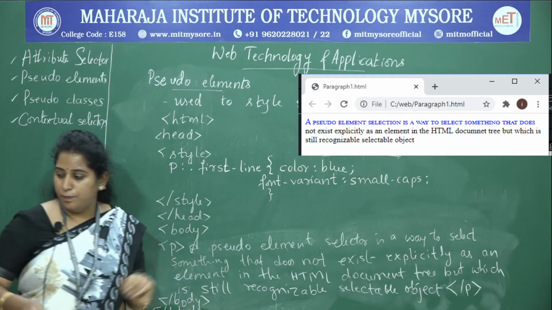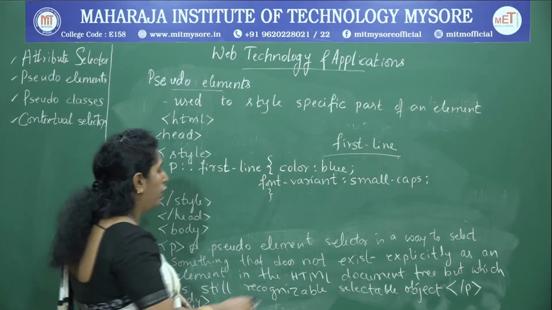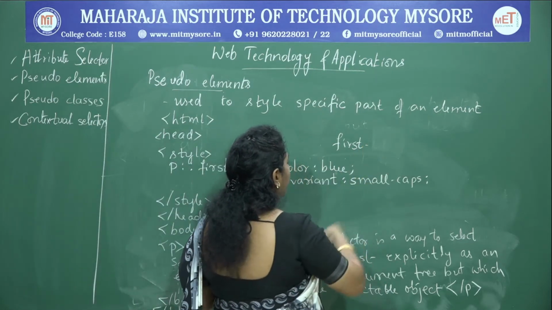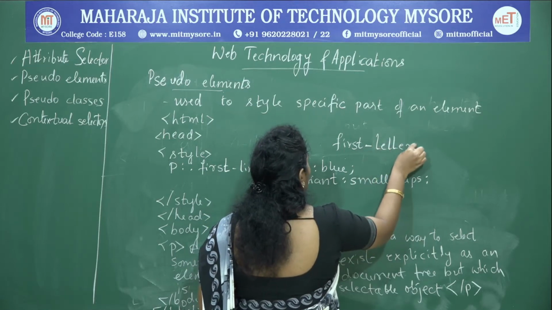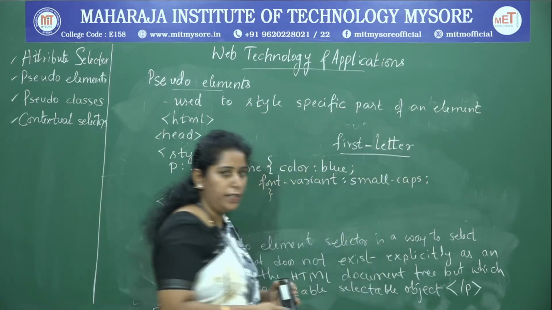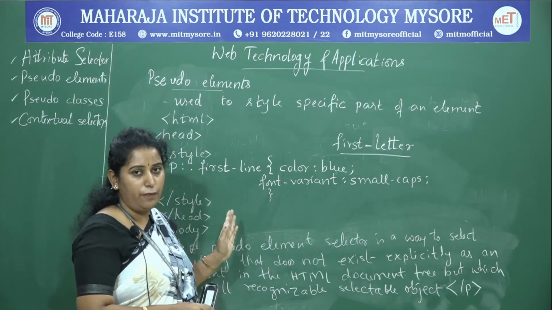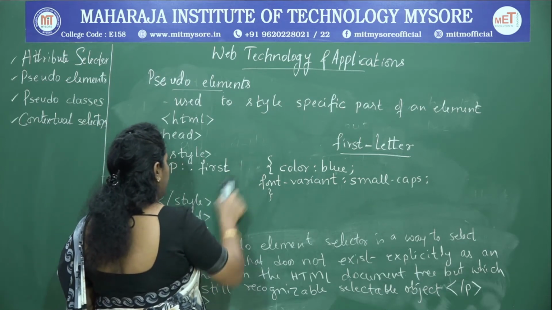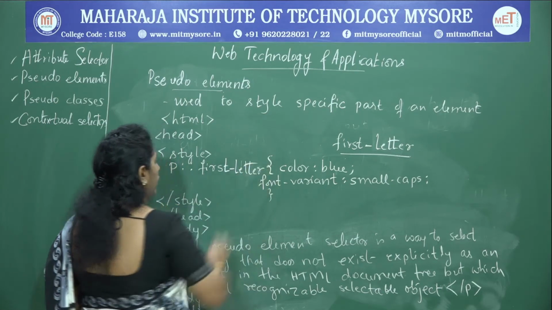Okay. So next, for the same example, I am going to introduce the next type of pseudo element, that is first-letter. It means you are going to style the first letter in the paragraph. So here I have to change the element to first-letter.